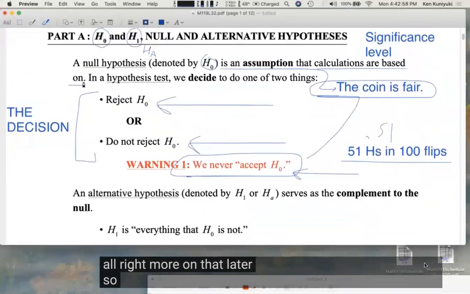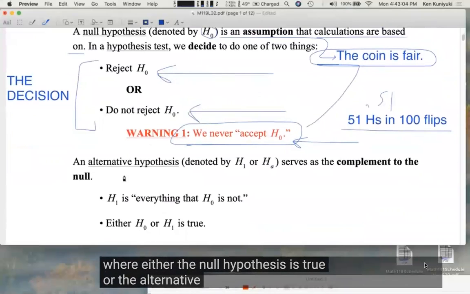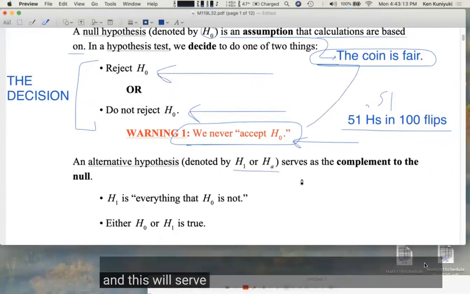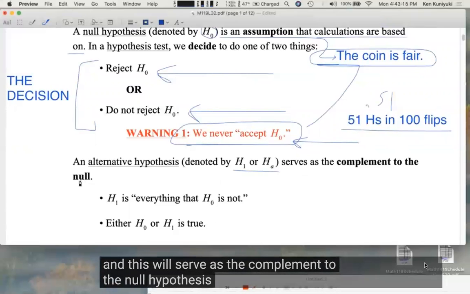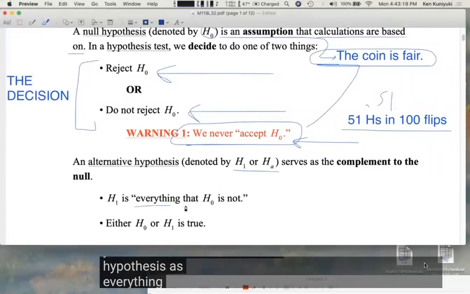So basically, we live in a world where either the null hypothesis is true or the alternative hypothesis is true. Again, we denote this by H sub 1 or H sub A. It's your choice. This will serve as the complement to the null hypothesis. You can think of the alternative hypothesis as everything that the null is not.